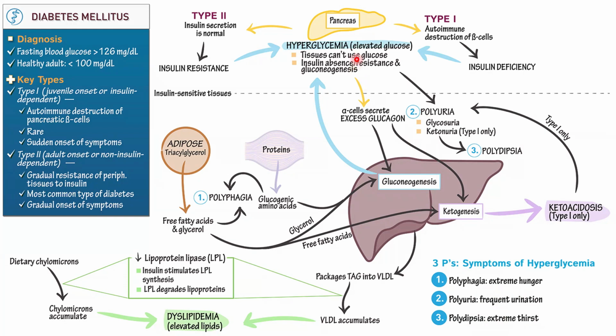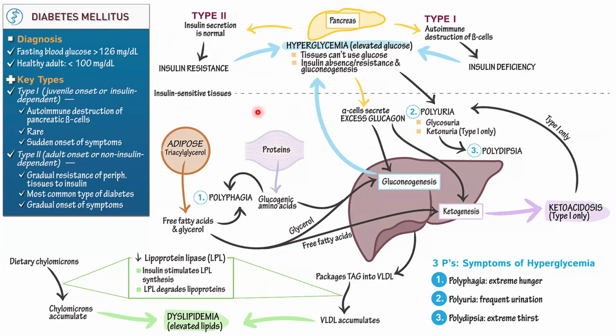As you can appreciate in this slide, in type 1 it's an autoimmune destruction of B cells. Remember, B cells are the ones that produce insulin. In type 2, insulin secretion is normal, but there is insulin resistance. That leads to hyperglycemia, meaning elevated glucose in circulation. The tissues cannot use glucose, because of insulin absence or resistance.